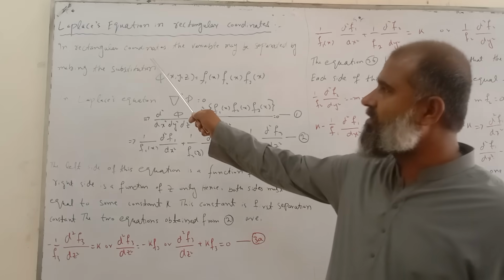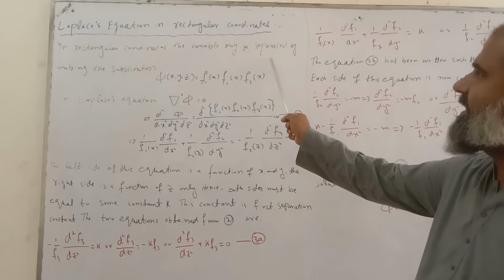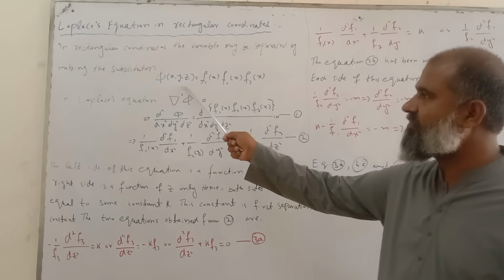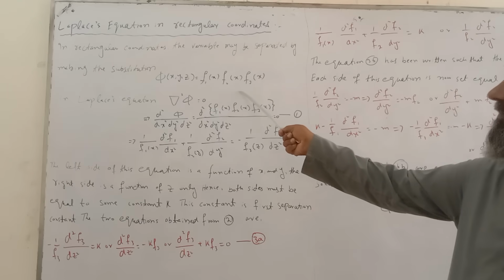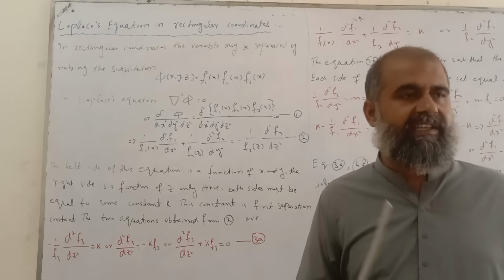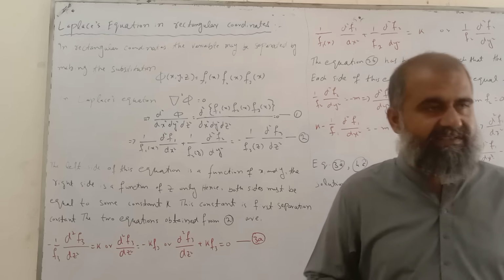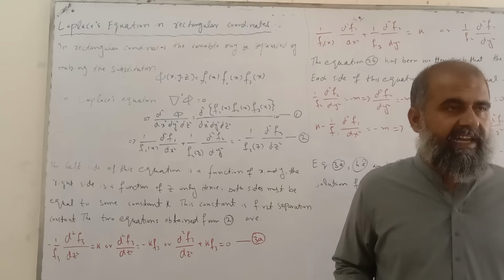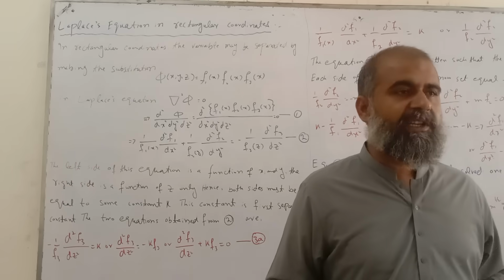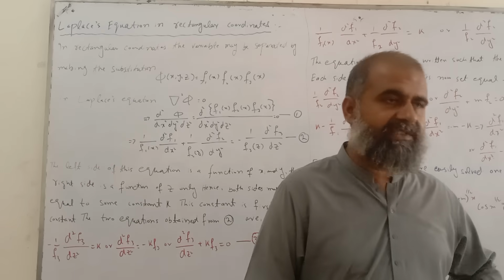In rectangular coordinates, the variables may be separated by making the substitution phi of x, y, z is equal to f1(x) f2(y) f3(z). In rectangular coordinates, we know that there are 3 coordinates x, y, and z, and phi is the electrostatic potential, the variable in the Laplace equation.